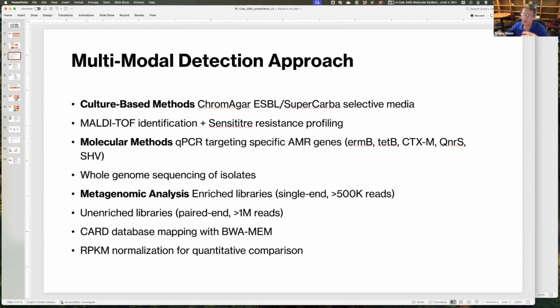With any of the sequenced data sets, you then map it back to the CARD database to ask which genes we have identified and in what frequency. This RPKM is the reads per kilobase, so that's normalizing for the length of the gene per million reads. That normalizes for the heterogeneity in the number of reads per sample. So I'm going to focus on that particular measure.